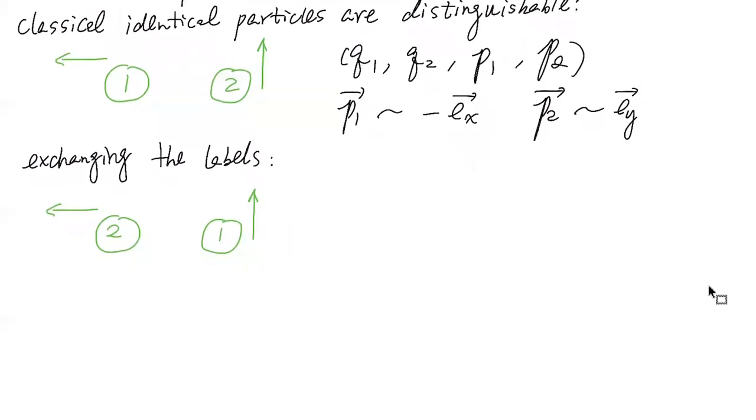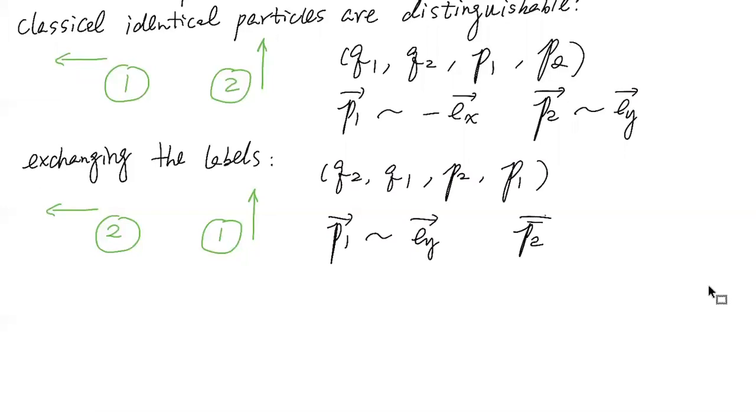Now, the state function of this classical system becomes Q2, Q1, P2, P1, right? And P1 is now along the y-axis.